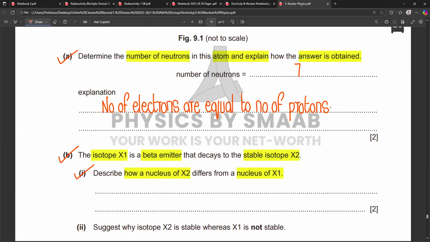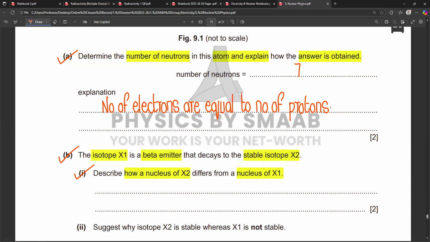Describe how a nucleus of X2 differs from a nucleus of X1. So X1 emits beta and it decays into a stable isotope X2. And now we have to compare the nucleus of X2 with the nucleus of X1.